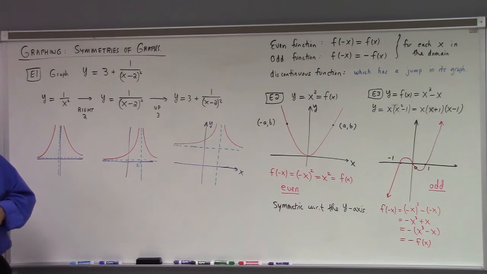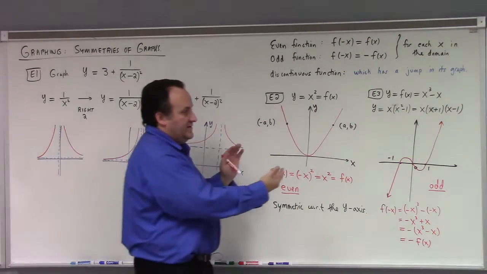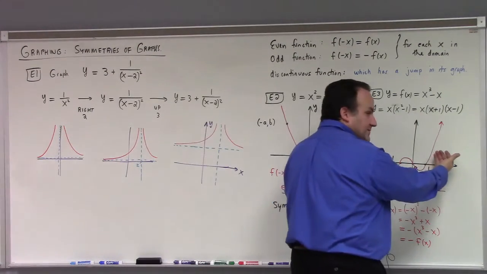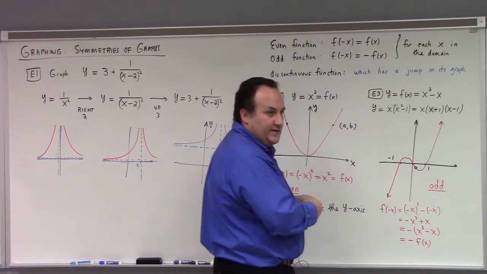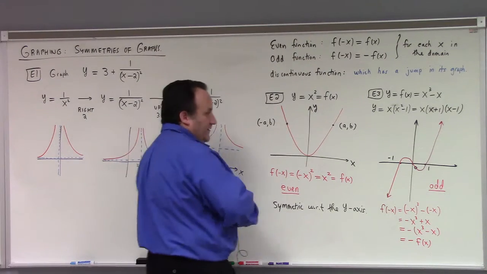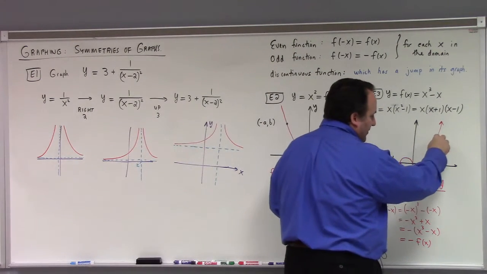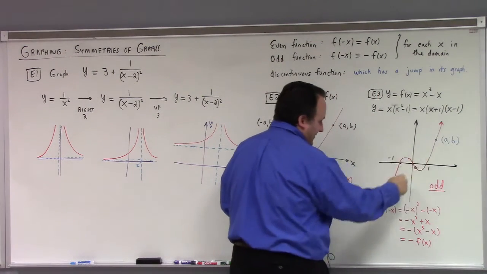Now, is this function symmetric with respect to the y-axis? It's not, right? If you reflect this shape across the y-axis, what do you get? You get something else, something different. You don't get the same graph again. What is going on here, though, is that if you look at the point, let's say a comma b, what's the corresponding partner point? It's down here.